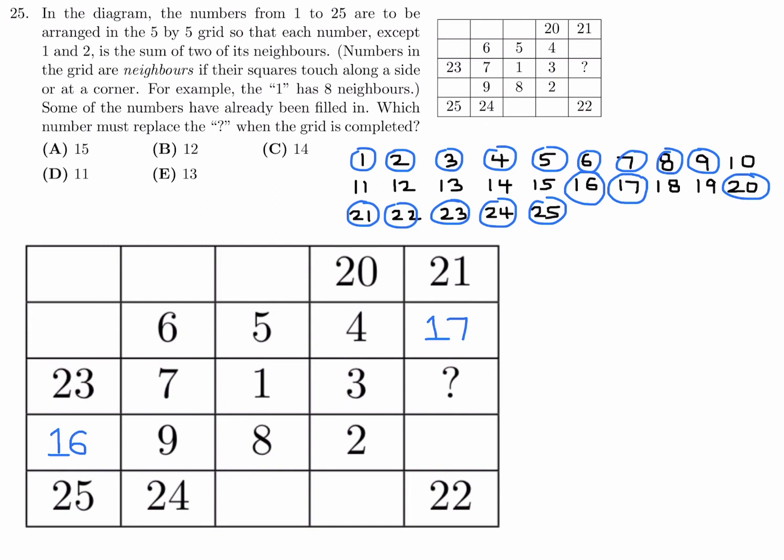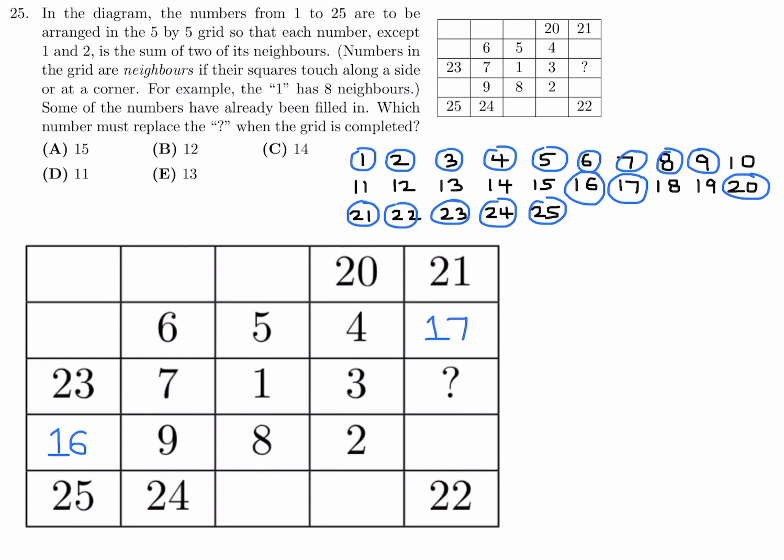Now at this part of the question, there are no guarantees anymore. We have to start fiddling around and using trial and error. And it's not too bad. Just stay confident and don't get flustered. If you put in a number and it doesn't work, no problem. Just try again. All right? So where am I going to go here? I'm going to try to concentrate on this region here.